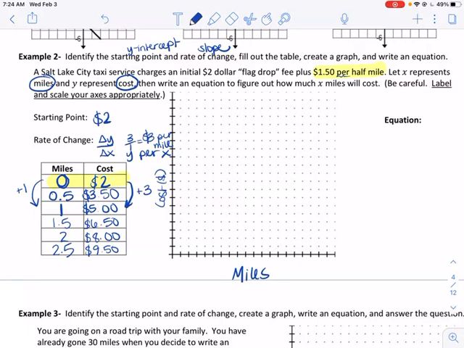And you can always scale your graph however you want. Here's the deal though. You can't just put numbers on here. You have to have each dash represent the same amount of miles or the same amount of money. And you need to have all the points that are in your table on your graph. So I'm going to make my miles, and they're just going up by 0.5s in my table.